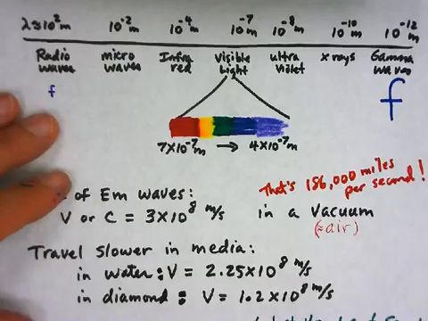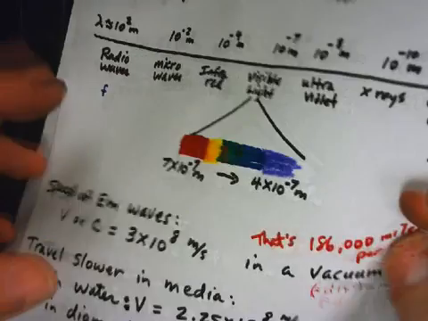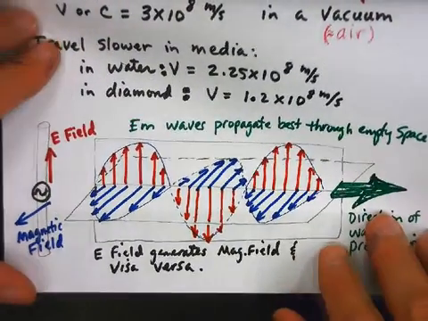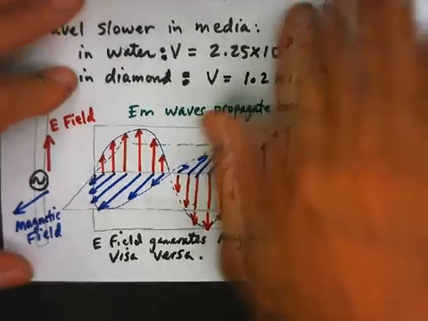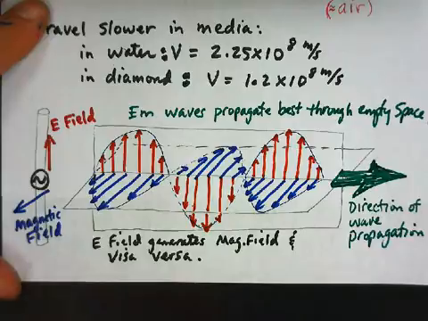Now if we look a little further at how electromagnetic waves are propagated, they're propagated because of electric fields and magnetic fields.